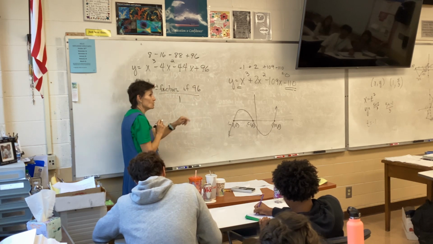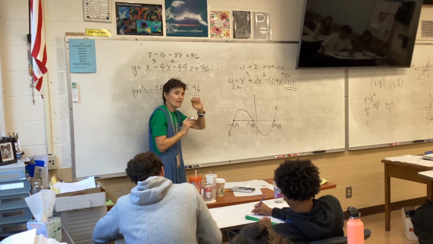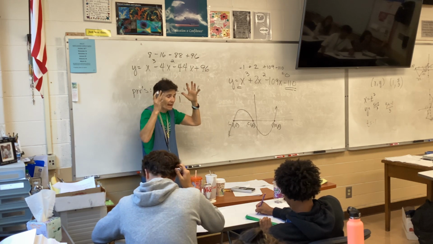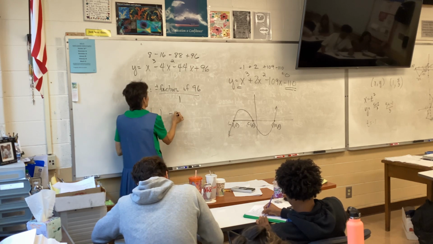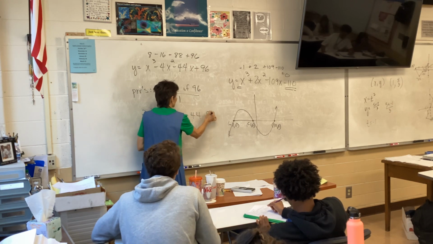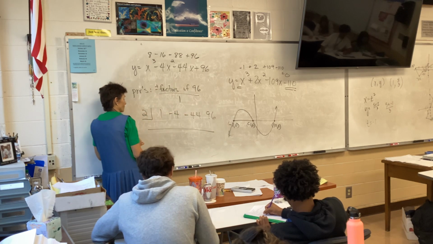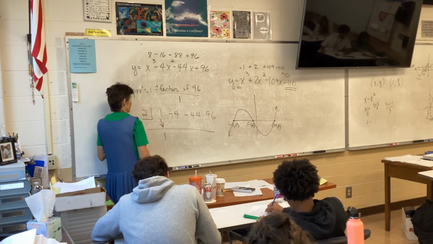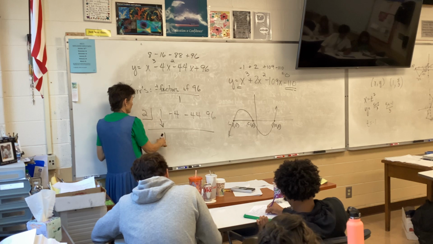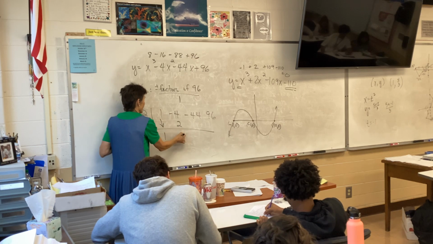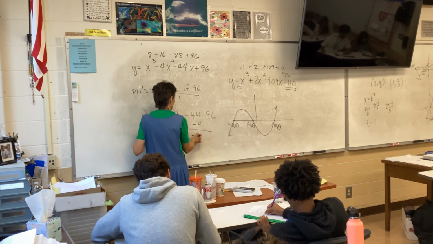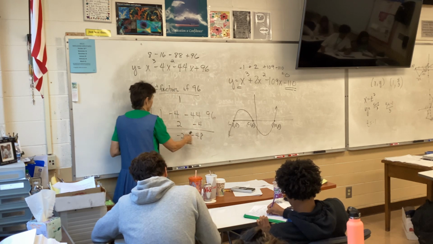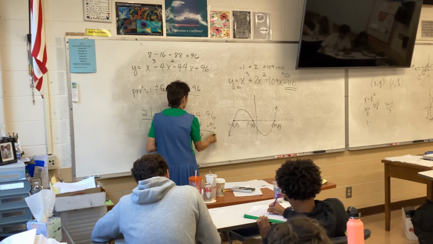Now, you might have guessed a different number, and that's fine. Find one, any one. Once you find one that works, divide it out. So we multiply and multiply, add.